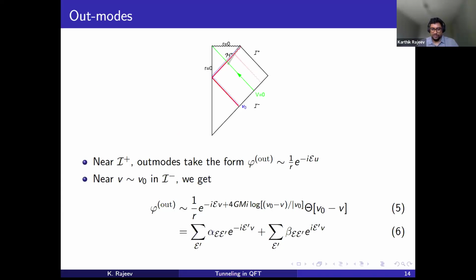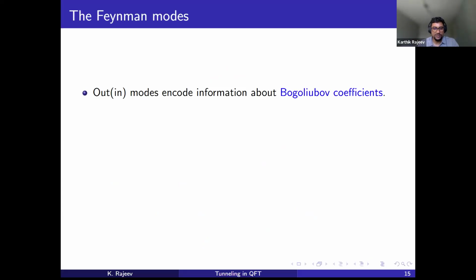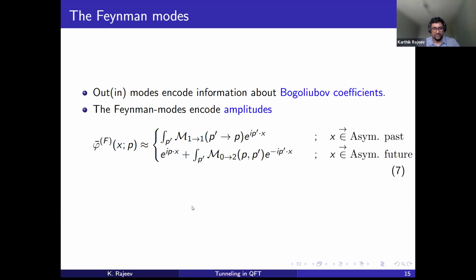But from an amplitude perspective, there is a different set of boundary conditions or wave functions. These are what can be called Feynman modes. They have somewhat different boundary conditions. In the asymptotic past, they are purely negative energy solutions, and these negative energy solutions are found from somewhat like a Fourier transform of the amplitudes.